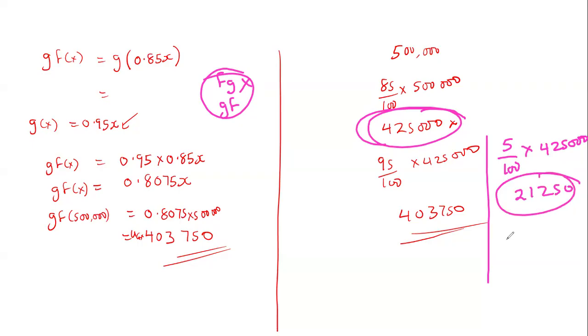Then after getting this amount, you say 425,000 minus 21,250. Then you get the total amount. Hope that is okay to the person who's asking. Otherwise, you don't reduce because the 80% is not out of 100. So you can't reduce from the 80%.